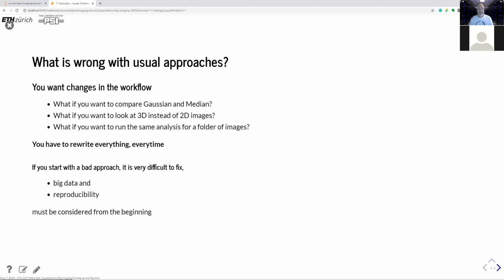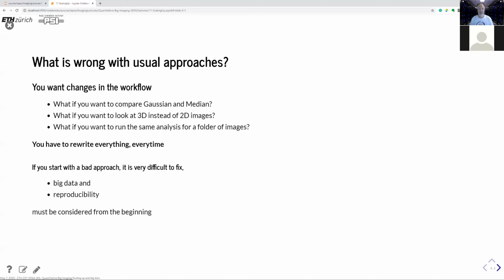And then you may want to run the same analysis on all images in a folder. Then you also need to make your framework more flexible. If you use the standard approach, you would have to write a little function or script for everything you change.